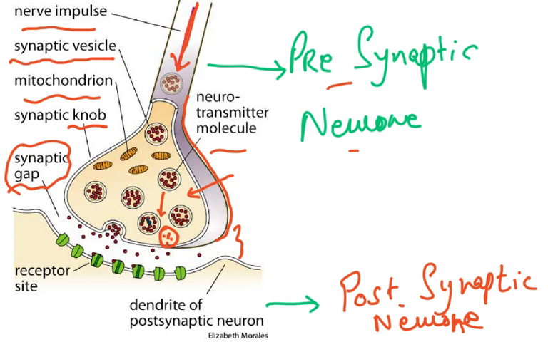The chemicals are released and will bind on the receptor on the postsynaptic neuron. Then this causes the opening of the sodium channels, sodium ions will enter, and an action potential will be generated in the postsynaptic neuron. Or we can say the nerve impulse will travel in the postsynaptic neuron.